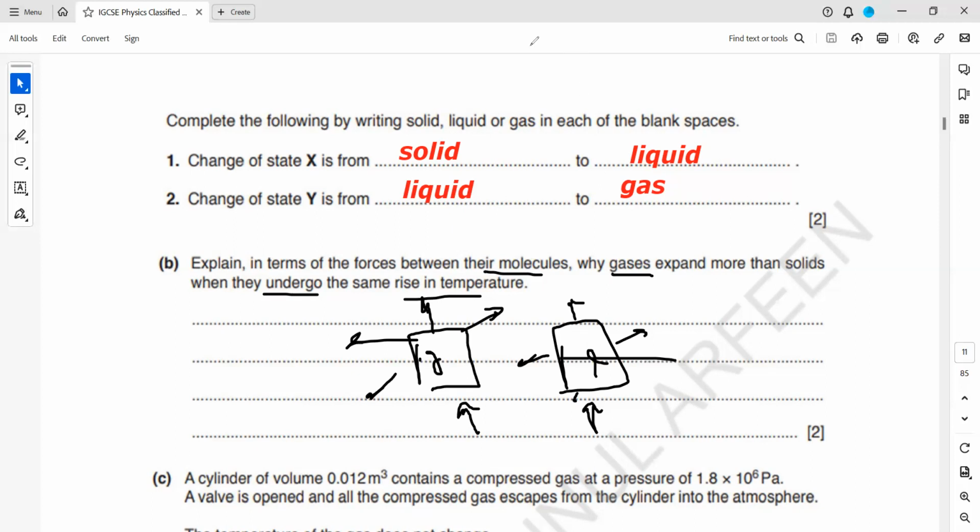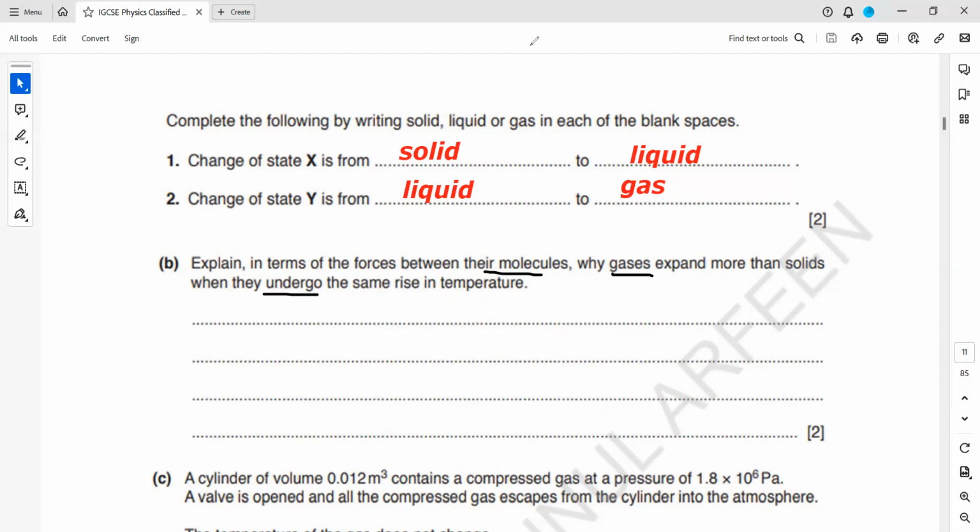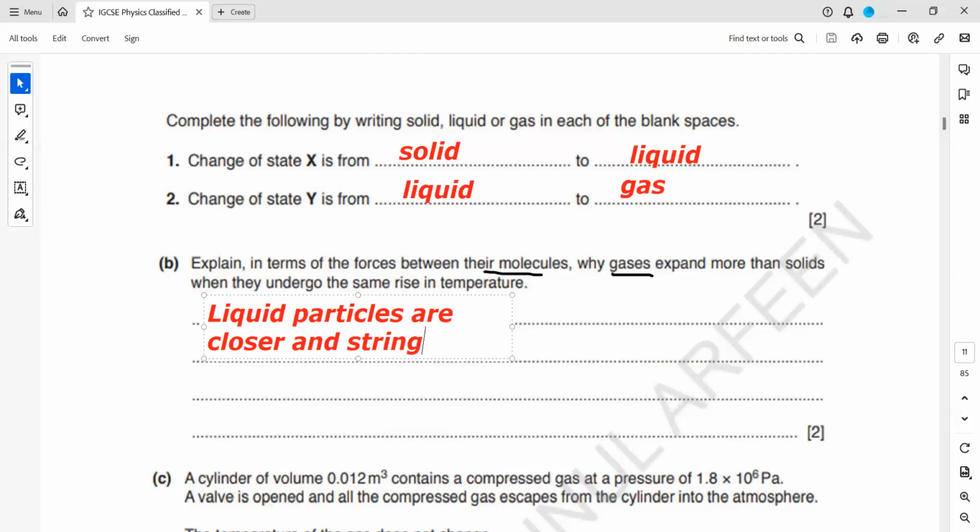So how will you score the marks for this? One is a comparison between the spacing and the forces. Liquid particles are closer, with a strong force between the particles.